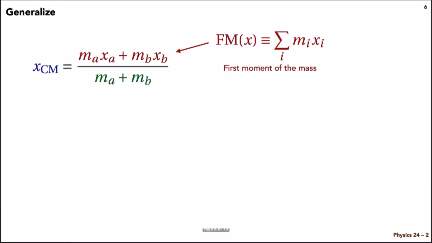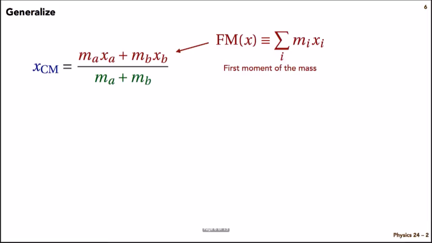If I'm going to take a weighted sum of positions, the positions here x_i, multiplied by the weight factor, which is m sub i. That's called a moment. And it's called the first moment because the power, the exponent of x sub i, the thing that I'm weighting, is 1. So I didn't write it.